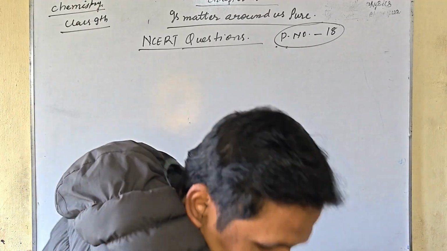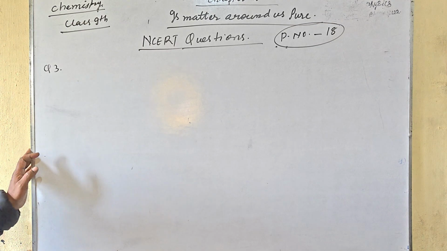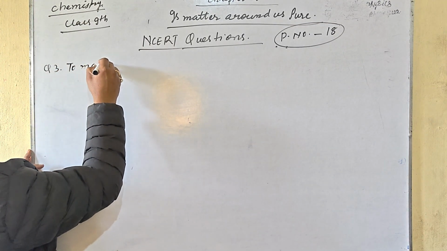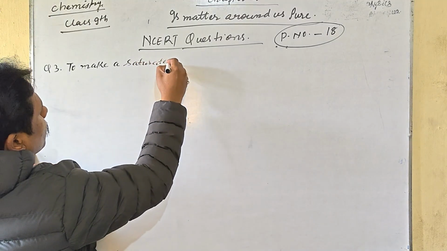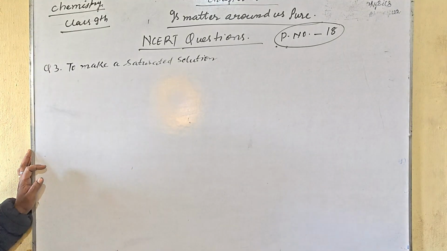This is the numerical question. Go through numerical question number 3. To make a saturated solution, let us understand these things properly.